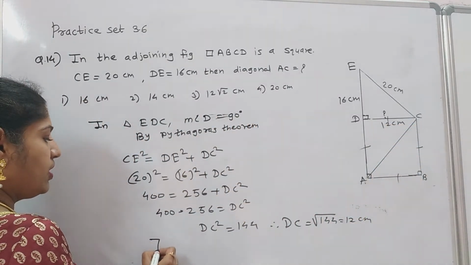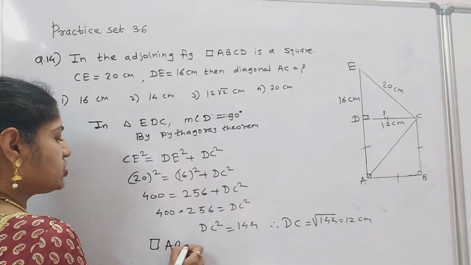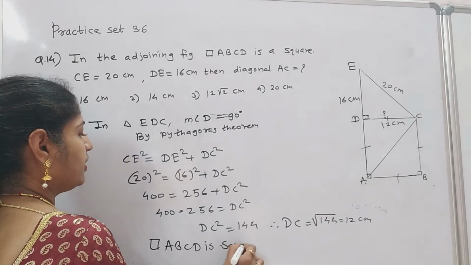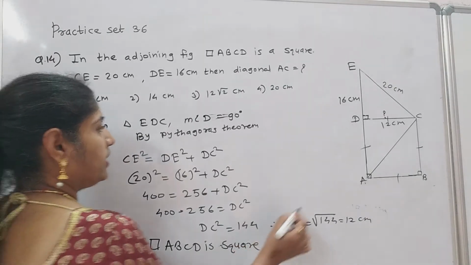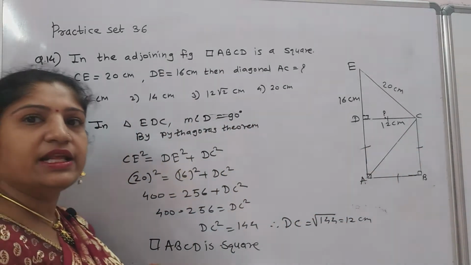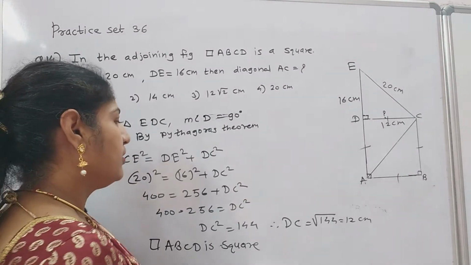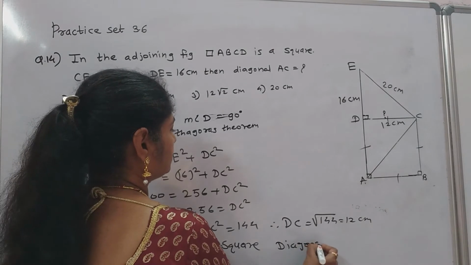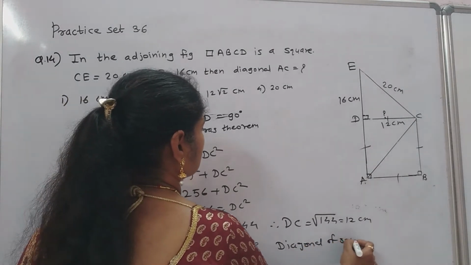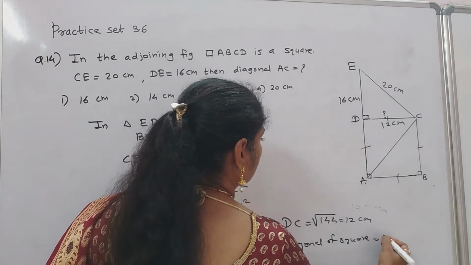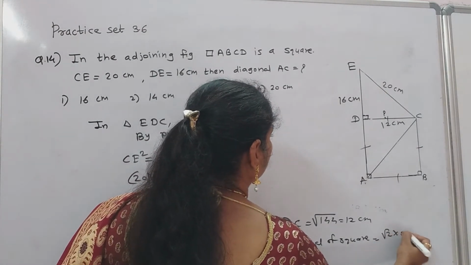And quadrilateral ABCD is a square, and we have to find the diagonal of the square. You know that if the side is given, use the formula, diagonal of the square equal to root 2 into side.